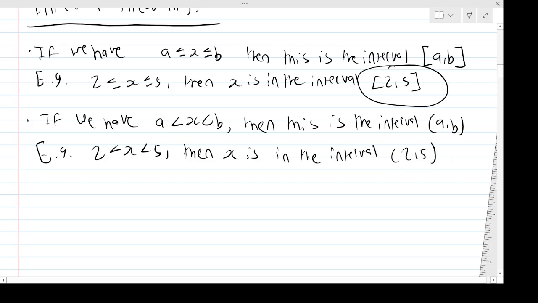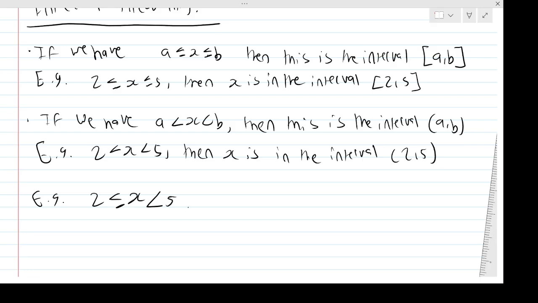We could also mix and match, okay? So for example, if we had said 2 was less than or equal to x, but x was also less than 5, strictly, then we could say x is in the interval [2, 5), with a square bracket at the 2 and a round bracket at the 5, okay?